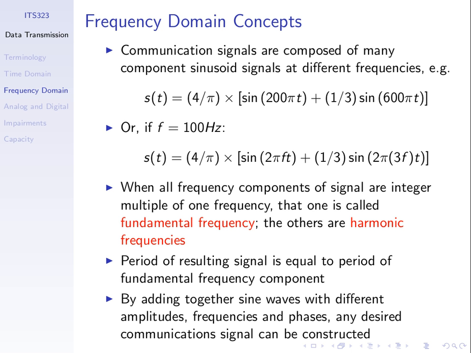We'll come to the period later. By combining sinusoids or sine waves with different amplitudes, frequencies and phases, those 3 parameters we have, amplitude, frequency, phase, we can construct any communication signal that we need to transmit across a real system.